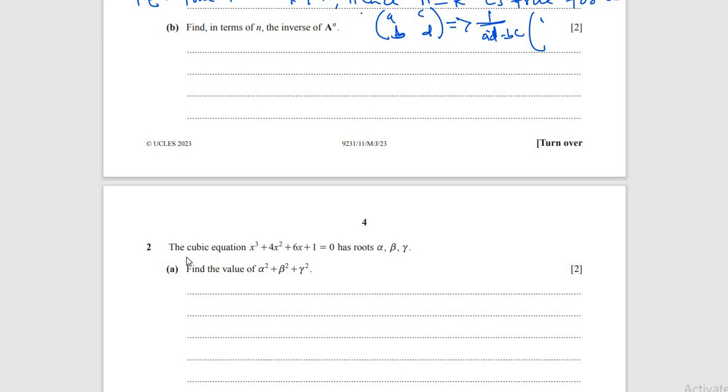A and D will swap, D comes here, A comes there, and C and B will take a negative sign. That's how to find the inverse. So now, in terms of n, find the inverse of A raised to the power n.